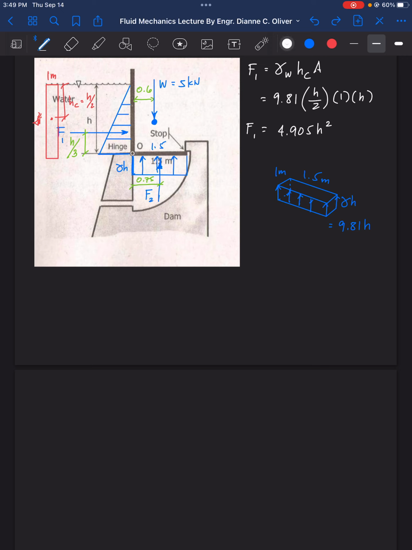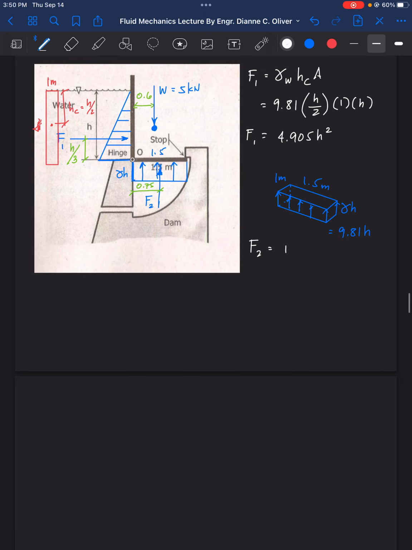Therefore, F2 is equal to the volume of this prism, which is 1 meter by 1.5 meters by 9.81 H. That is 14.715 H for F2.